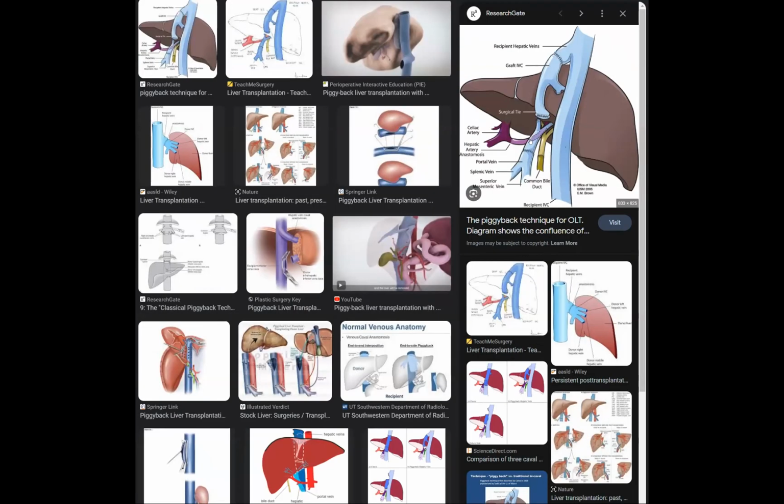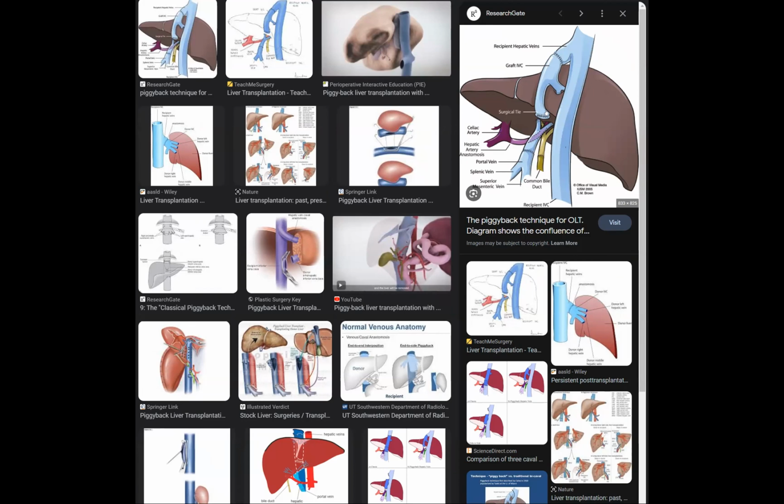So Aarti mentioned the piggyback technique that was done in liver transplant. For the residents, in case you're not familiar with it, the piggyback technique simplifies the vascular anastomosis so that you only have one vascular anastomosis to do instead of more than one.